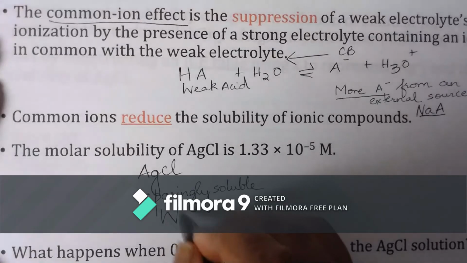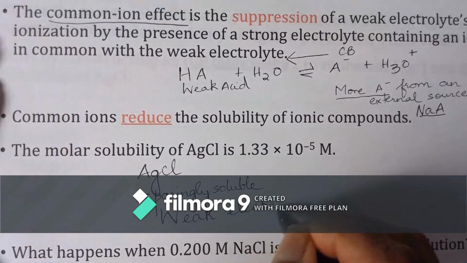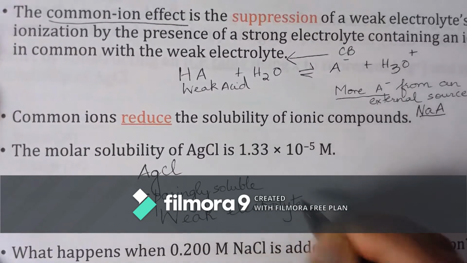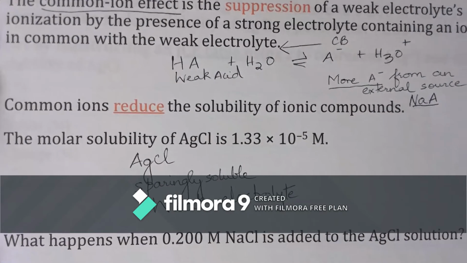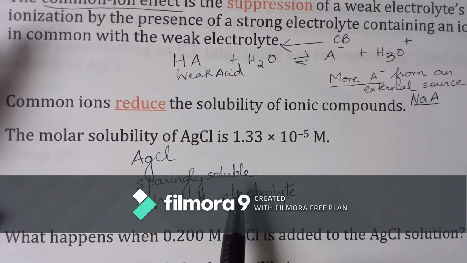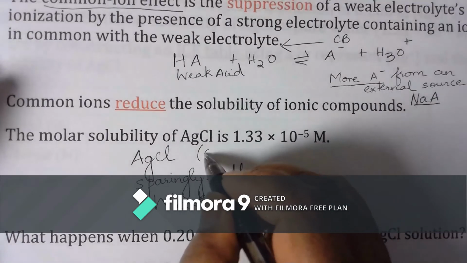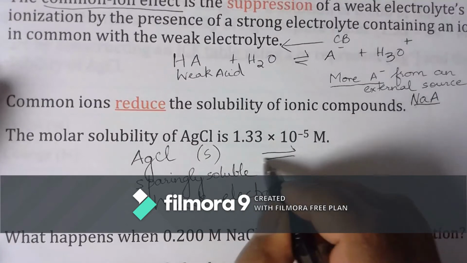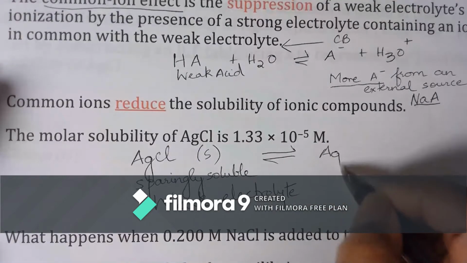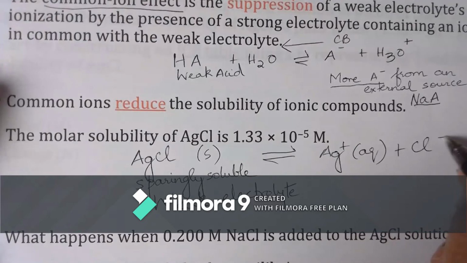So this is a weak electrolyte here. All right, so the common ion effect works for any weak electrolyte. It could be a sparingly soluble ionic compound, or it can be a weak acid or a weak base. Okay, solid, and this is in equilibrium with Ag plus ions and Cl minus ions.